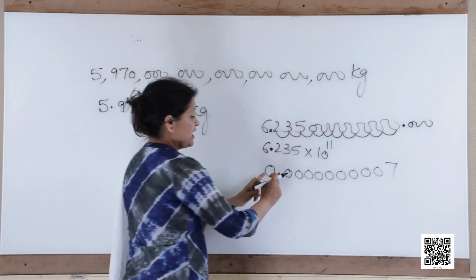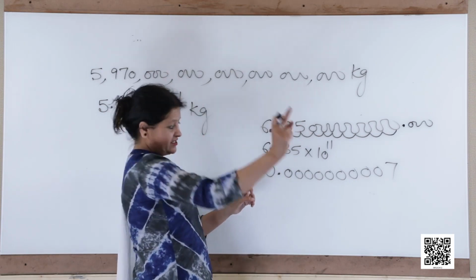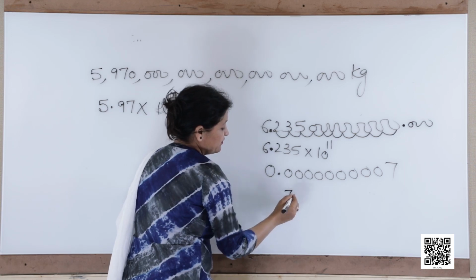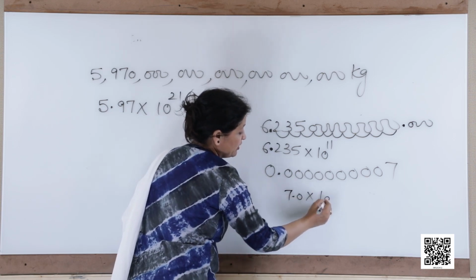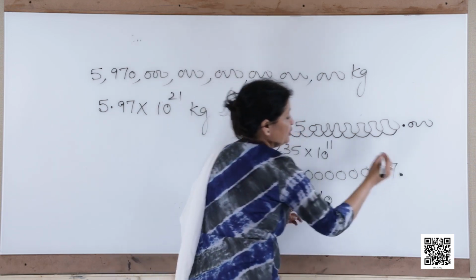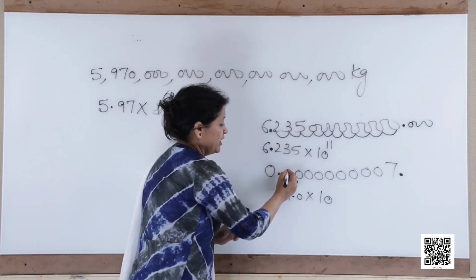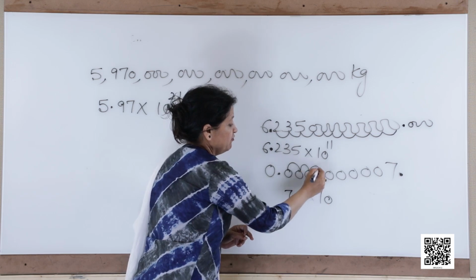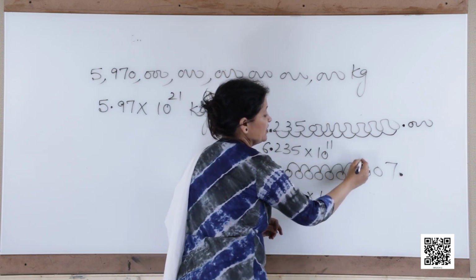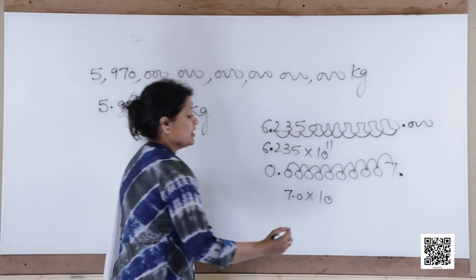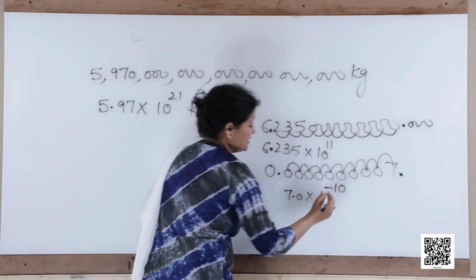In this one, I said to write after the first number. That means after 7 you need to put a decimal: 7.0 into 10 raised to the power. Now you are shifting your decimal here. So how many places in between? Count: 1, 2, 3, 4, 5, 6, 7, 8, 9, 10. So 10 places are there in between, which means the power will be minus 10.